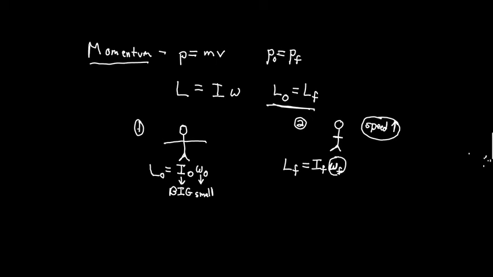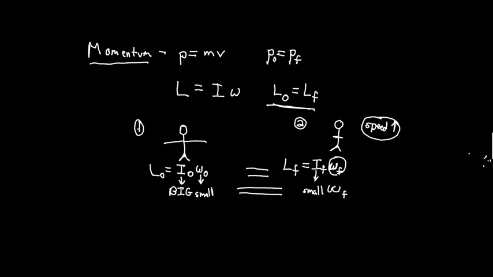So I can look at what I final is. In the final situation, I final, with my arms in, becomes a small number, because my radius is very small and my mass isn't very spread out. So I have a small moment of inertia times whatever omega final is. Now I know that L initial and L final are equal to each other, so my left-hand side has to be equal to my right-hand side.